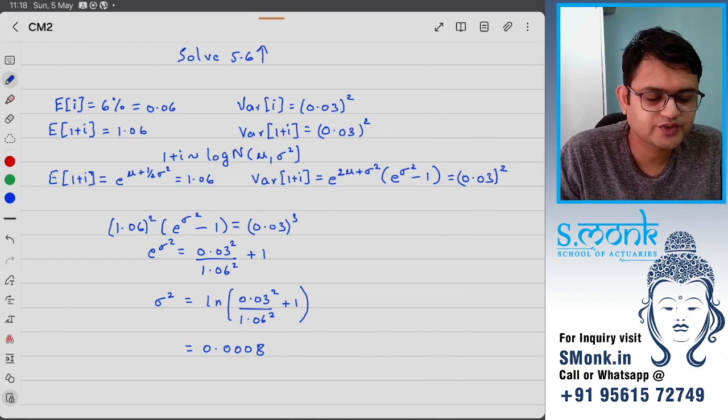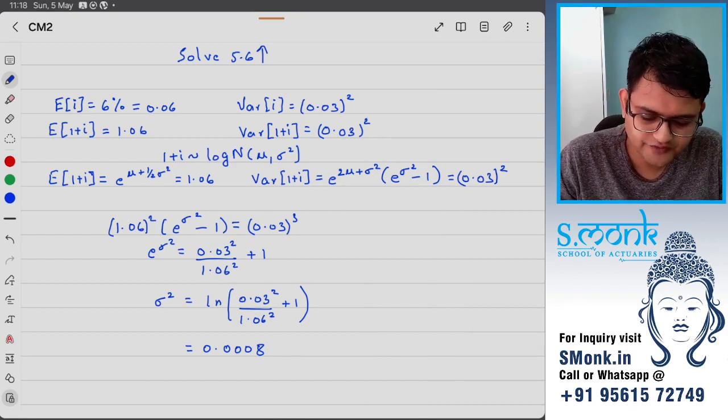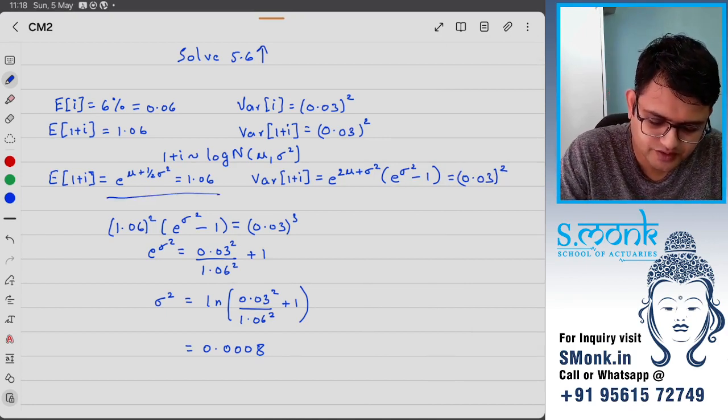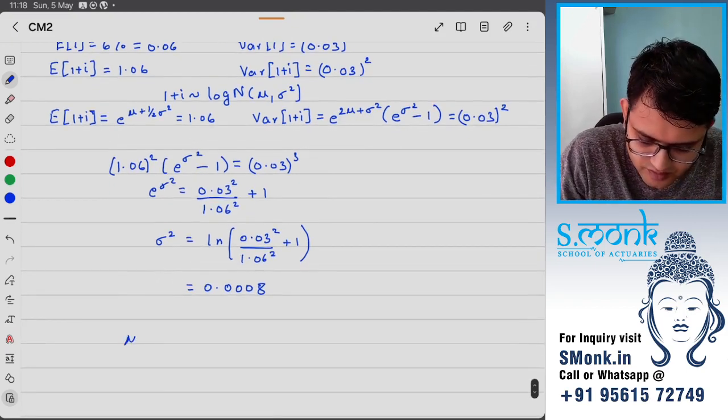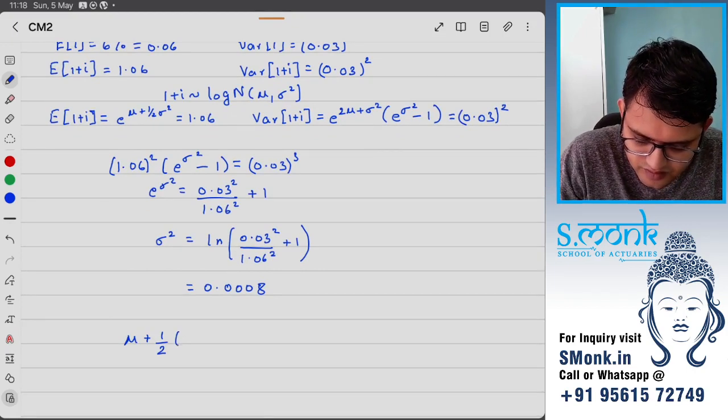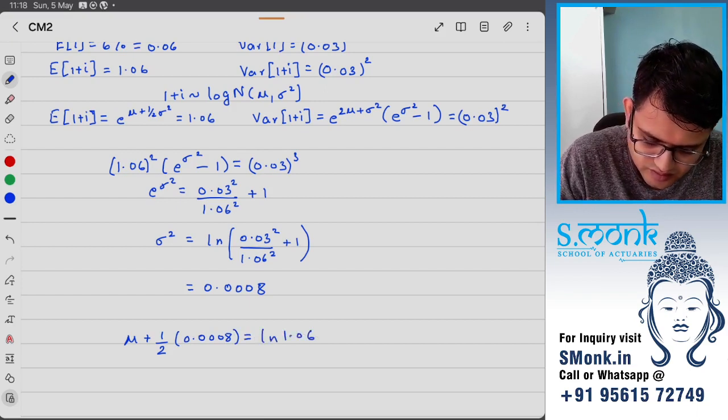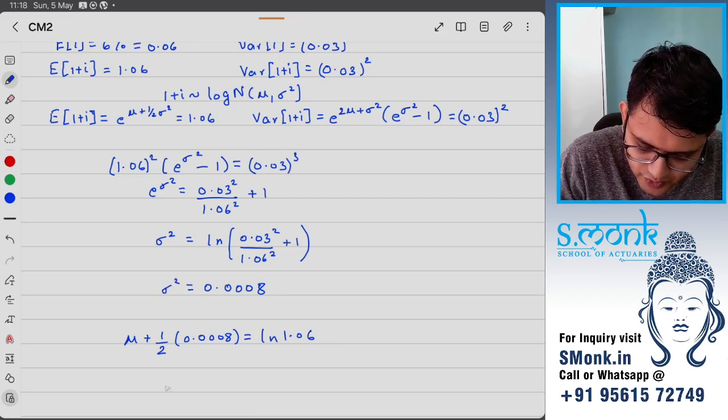Now we can substitute that in our first equation, this equation, sigma squared, so mu.